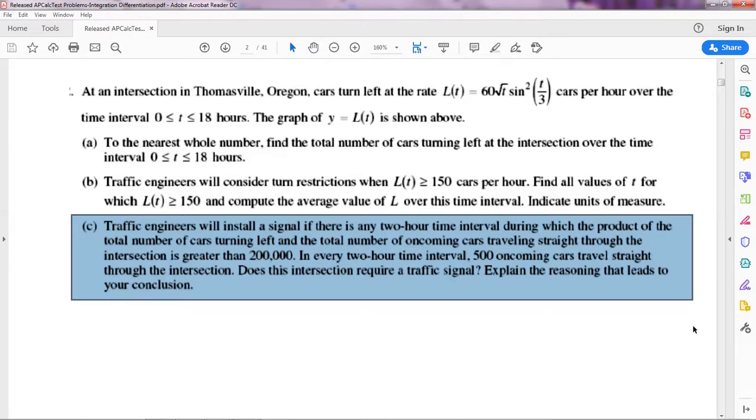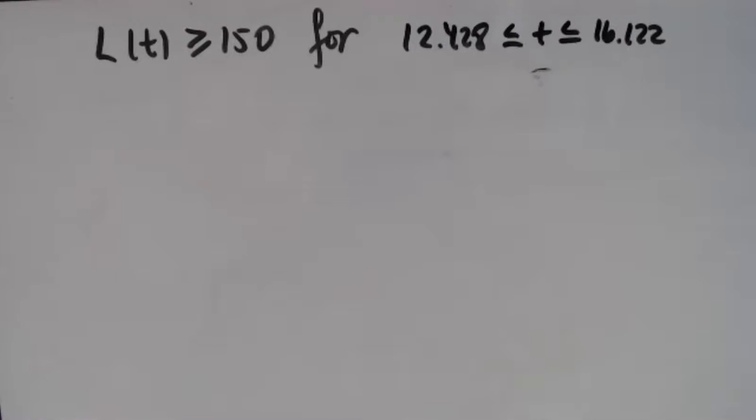On every 2-hour time interval, 500 oncoming cars travel straight through that intersection. Okay. Does this intersection require a traffic signal? How can we know we need a signal? What do you think? Can we look at the graph?